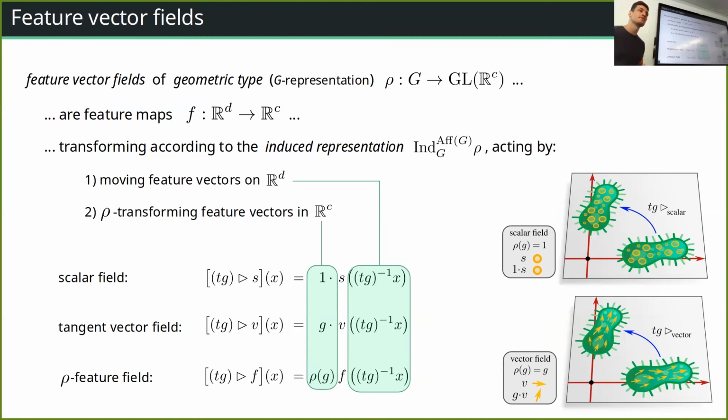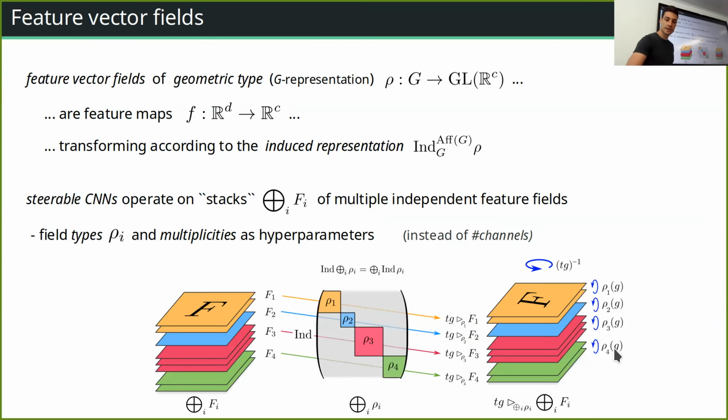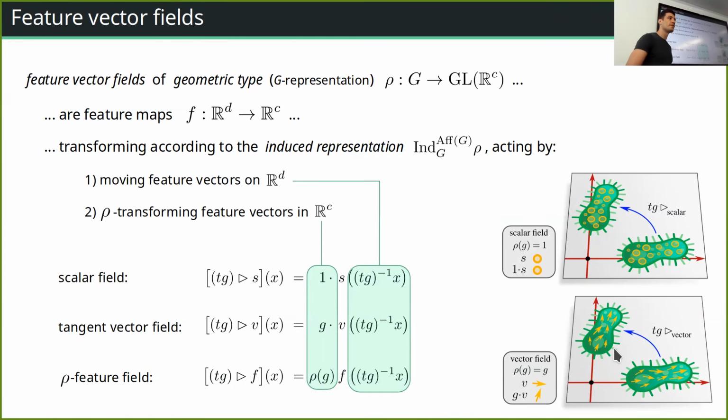So on the right, the input to rho is the same rotation, but the output is a different group action. What we're looking at is transformations of feature fields, or feature maps.